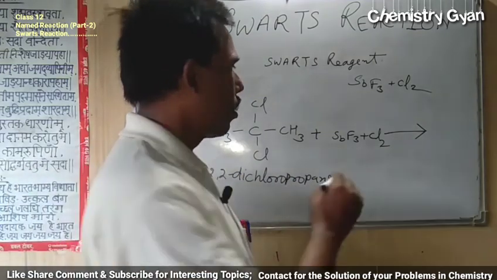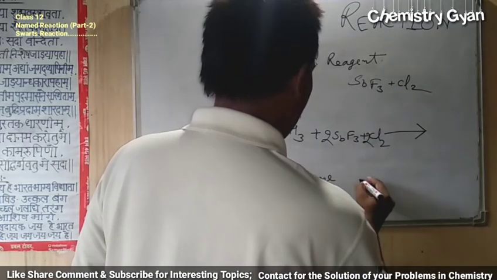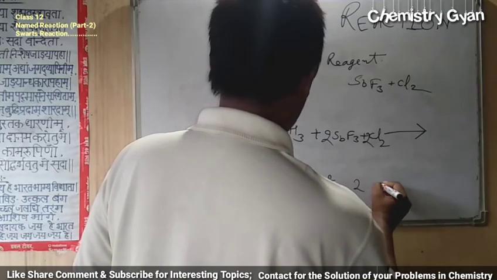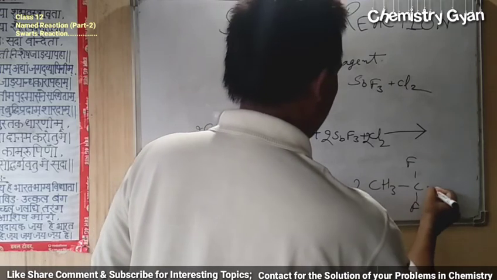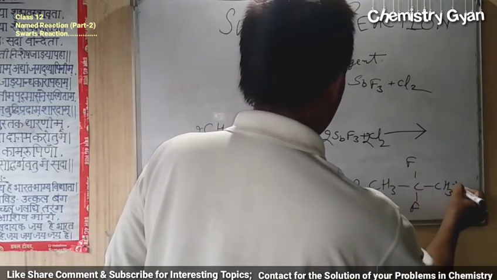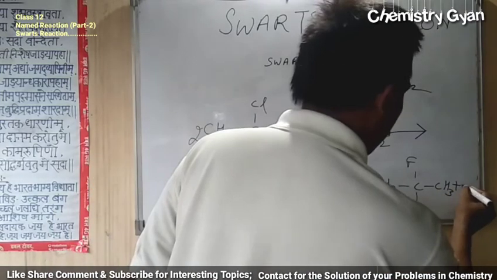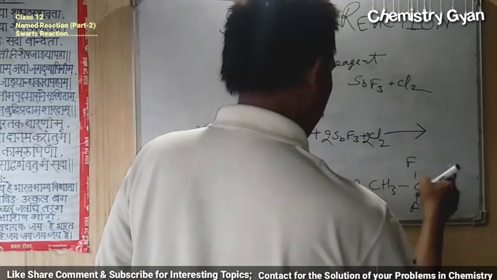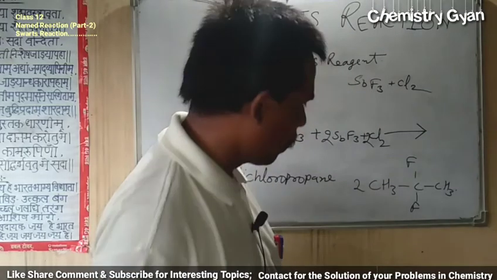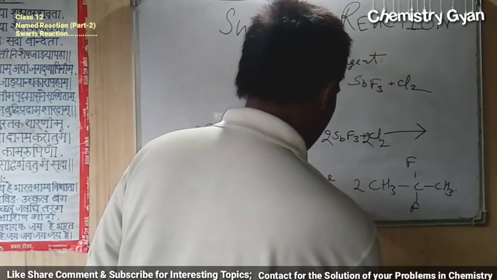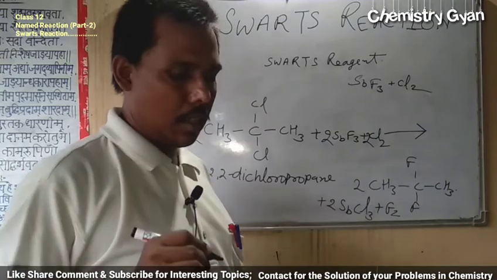Now what happens here? 2 CH3CF2CH3 plus 2 SbCl3 plus Cl2. Now the reaction is finished.